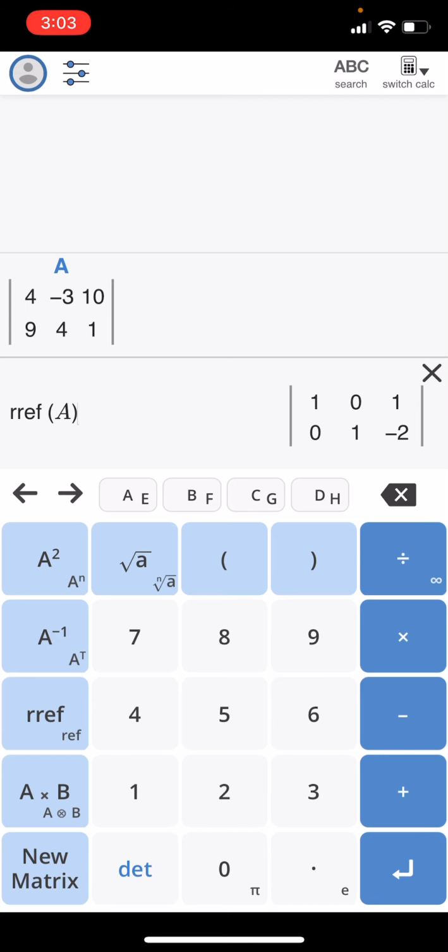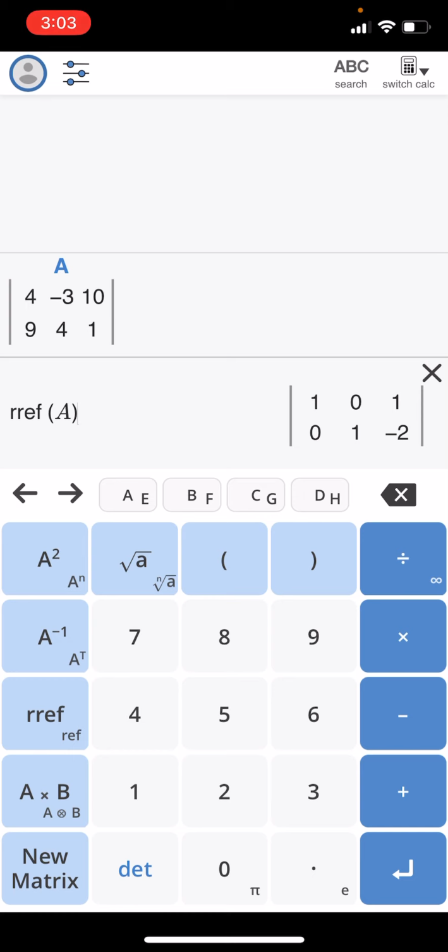So this top row would translate into 1x plus 0y equals 1. That is, x equals 1. The second row would translate into 0x plus 1y equals negative 2, or y equals negative 2.